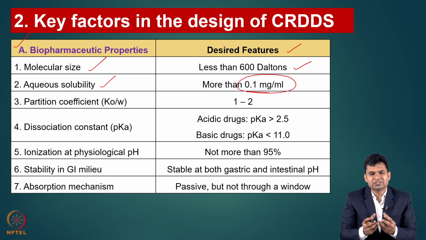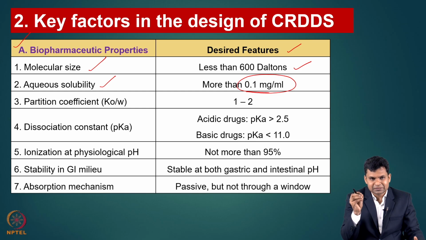Once your drug is solubilized, it can dissolve during dissolution or in the body. So, if your drug is solubilized, then it can convert into the desired physiological medium or the dissolution medium. So, the minimum of 0.1 mg per ml is a very important desired feature for designing controlled release drug delivery systems.